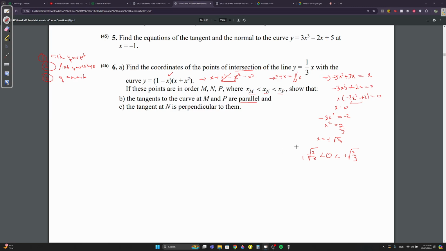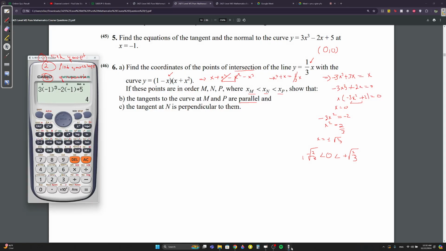We found our x's. We need y's, obviously. Let's find the y's. Let's use this one, it's a bit easier. Obviously, at x equals 0, it's going to be 0. At minus root 2 over 3, 1 over 3 times minus root 2 over 3 is minus root 6 over 9.